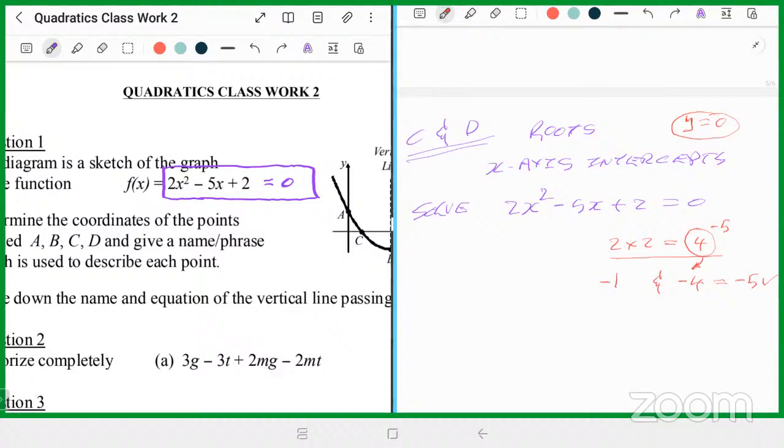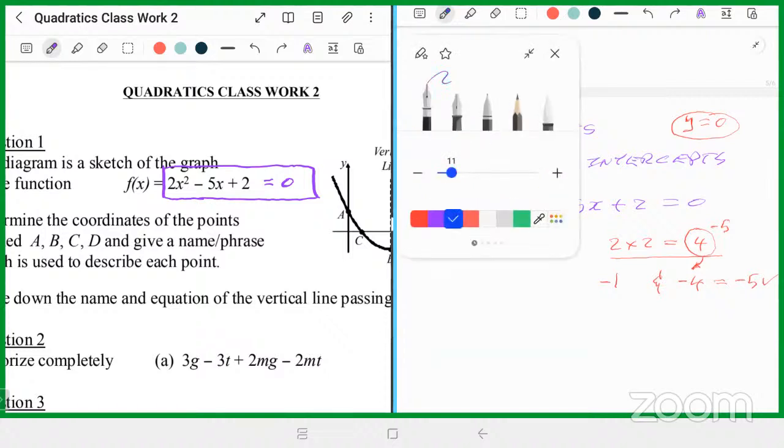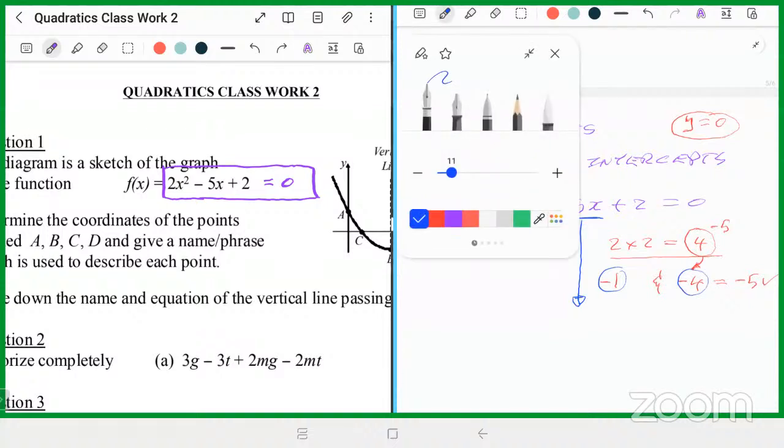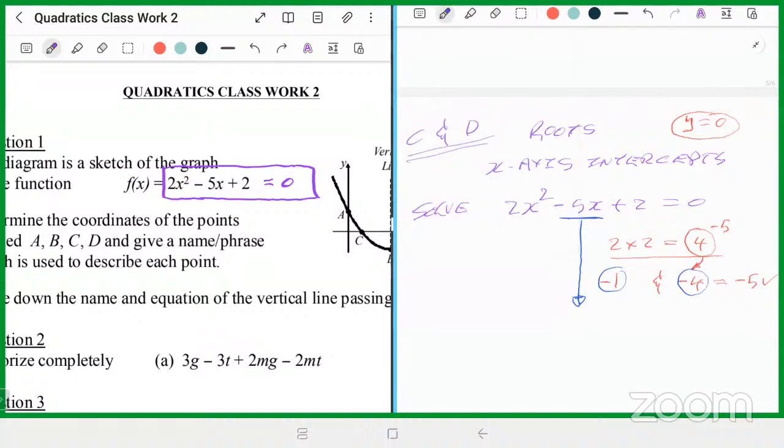So let's go now. Let me use a different color. I'm going to take this -5x and I'm going to split it using these. All right? So that quadratic expression is now going to become 2x squared. This comes back unchanged. Then this -5x is split out into -1x and -4x.